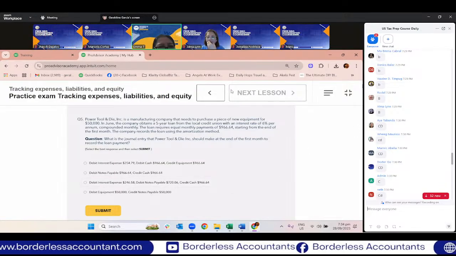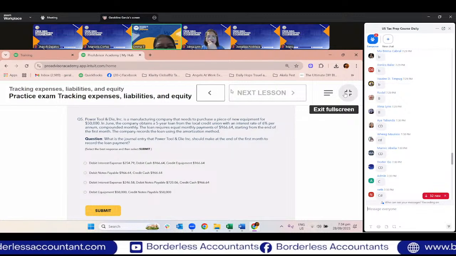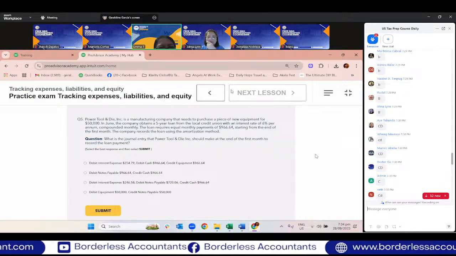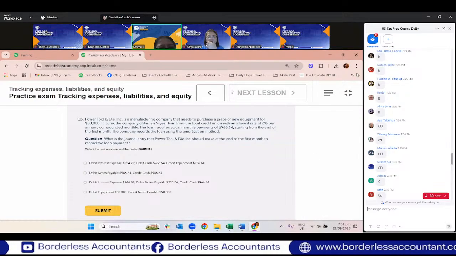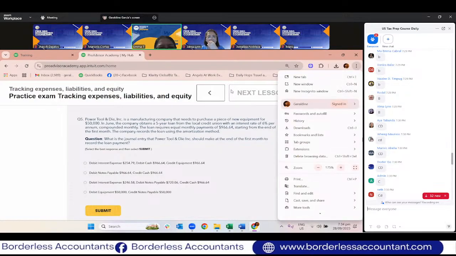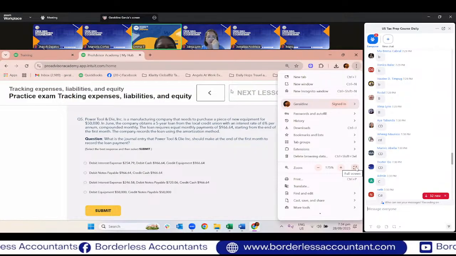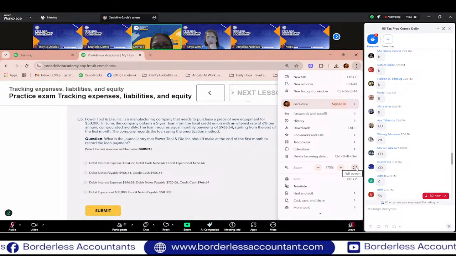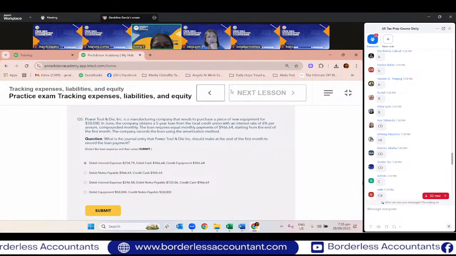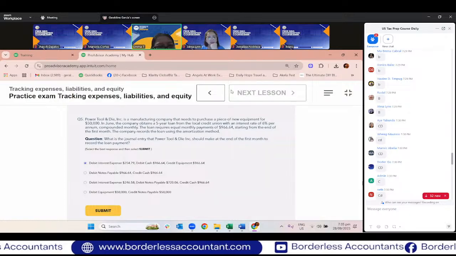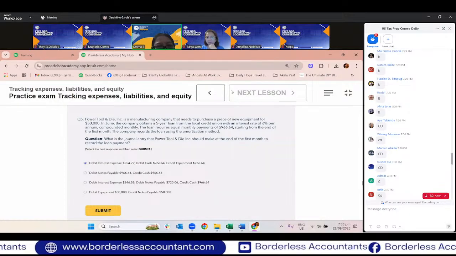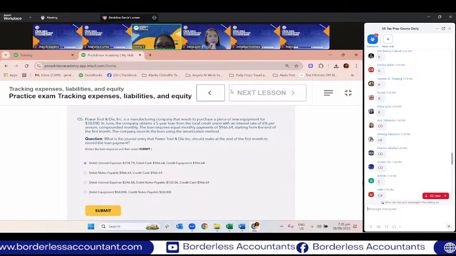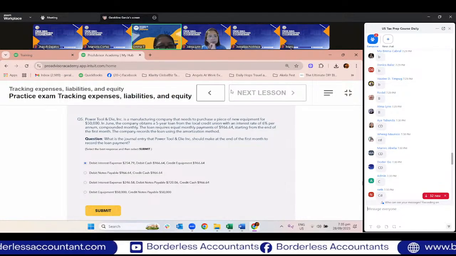Power Tool and Die Inc. is a manufacturing company that needs to purchase a piece of new equipment for $50,000. In June, the company obtains a 5-year loan from the total credit union with an interest rate of 6% per annum compounded monthly. The loan requires equal monthly payments of $966.64 starting from the end of the first month.